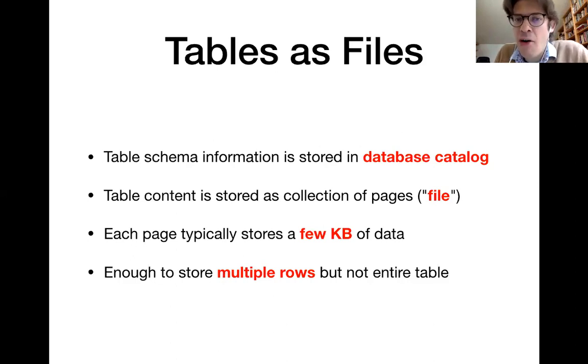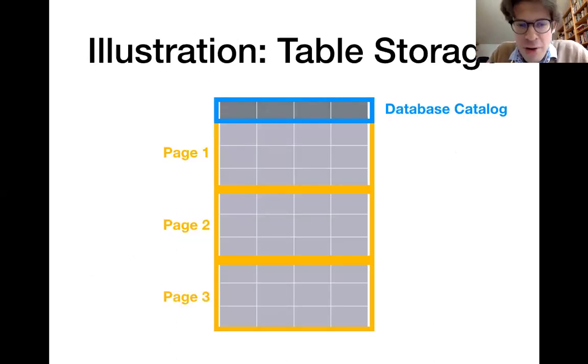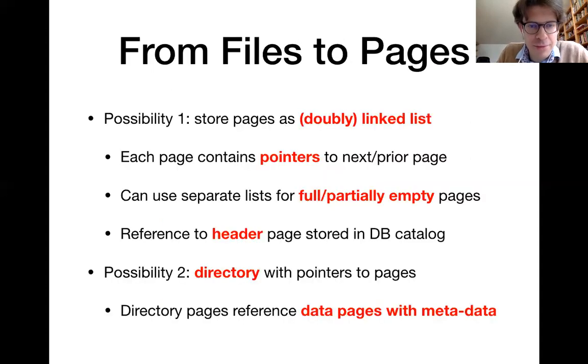And we have to somehow keep track. So this is an illustration of what we have just discussed. The metadata about the table schema, which I associate with the table columns, is stored in a database catalog. And then the content is stored as a collection of pages.